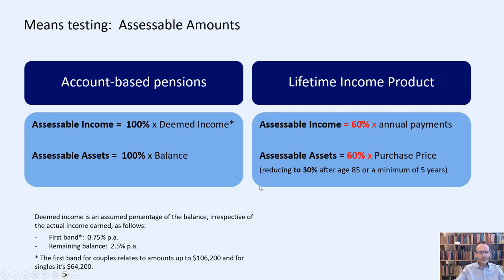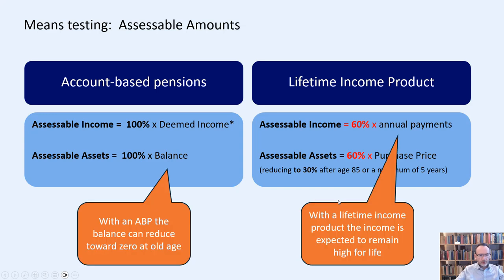So that's quite a big difference, and the nature of the tests is quite different. With the lifetime product, only 60% of the purchase price counts, so 40% is exempt. And only 60% of the annual payments count towards the income test, but that can still be higher than the deemed income because deemed rates are quite low.